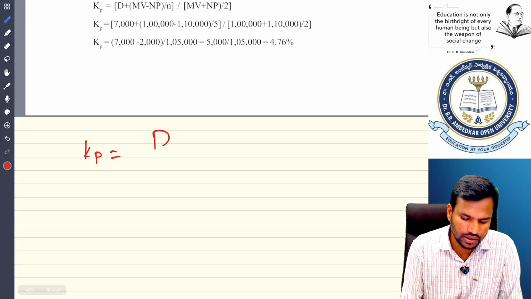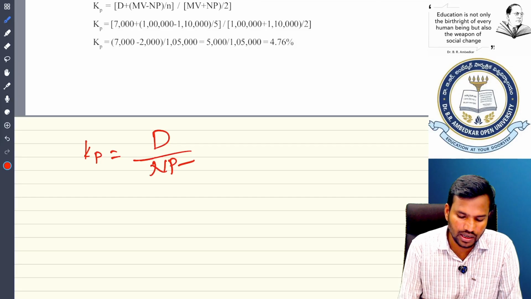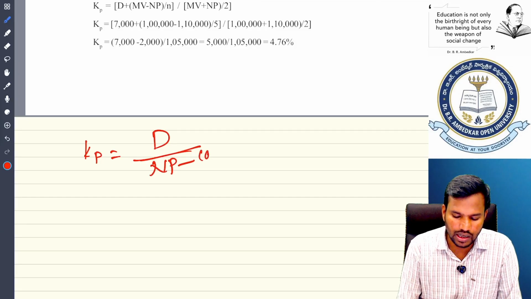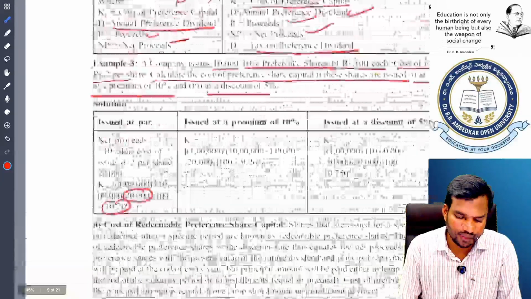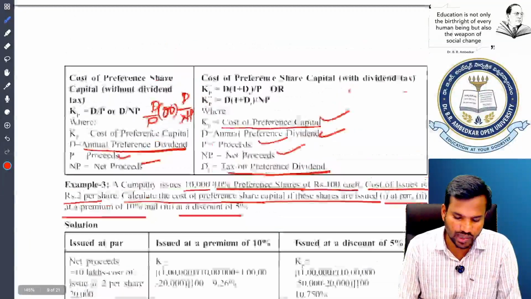KP is equal to D by NP. From NP we are deducting the cost of issue. Dividends, how much do we need to pay?